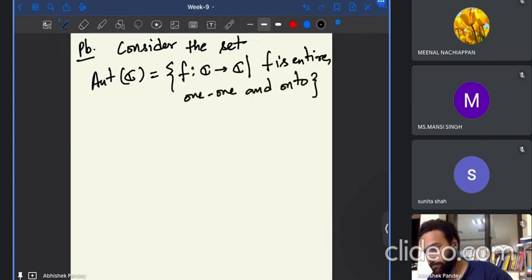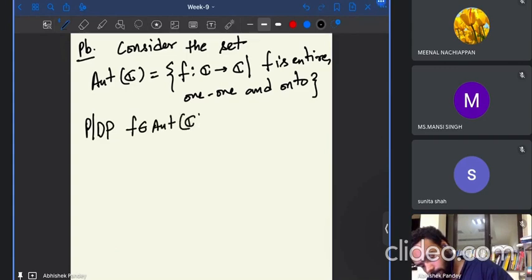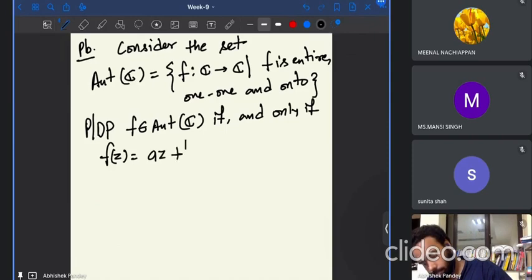The problem is to prove or disprove: f belongs to Aut(C) if and only if f(z) is equal to az plus b.